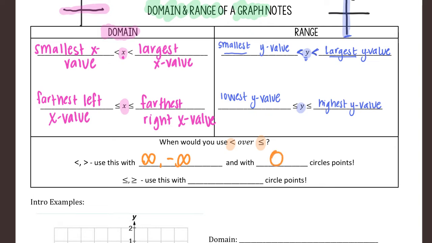And you'll use a less than sign with no bar underneath if you have open circles. On the other hand, you will include a line underneath if the points that the graph reaches are solid. We'll focus more on this in the examples that come ahead. But remember, if it's an open circle or if a graph is approaching infinity or negative infinity, there is no line underneath our inequality signs.